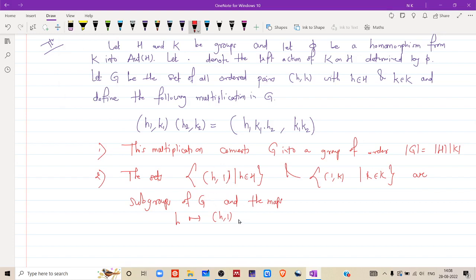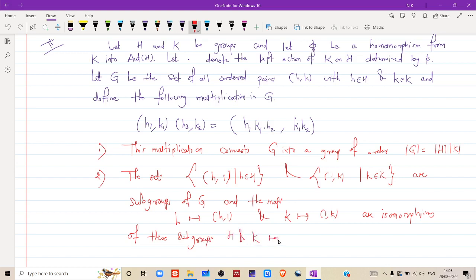And the maps h maps to (h, 1) and k maps to (1, k) are isomorphisms of these subgroups onto H and K respectively.